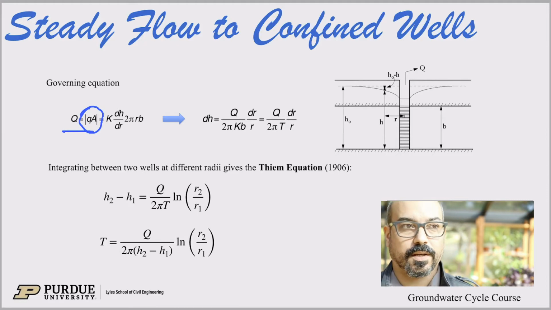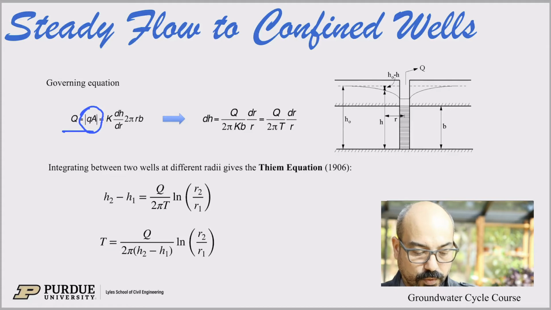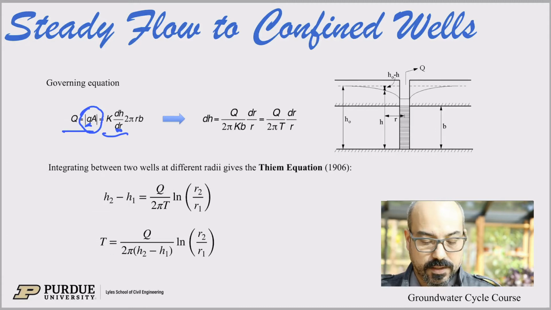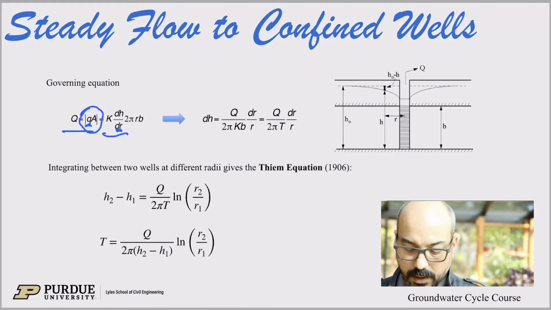Again, if you didn't take the first course, you should really go back and take a look at those lectures on Darcy's law. When we write the Darcy flux as Darcy's law, it's K, the hydraulic conductivity, times the hydraulic gradient, and now we're in radial coordinates, so it is dH/dr. This is Darcy's law when you replace x with r.